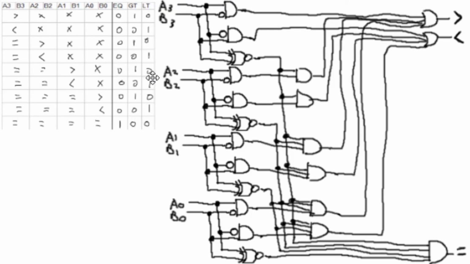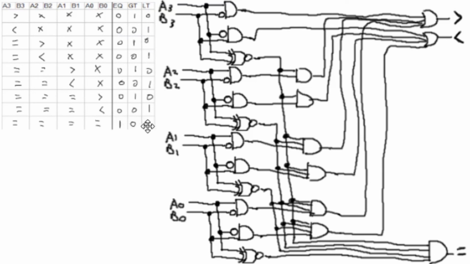The reason why they did that is actually, if you look at this truth table here, you'll notice that in all instances, one of the three outputs is always on. We're always going to have a greater than, or less than, or an equals signal. At least one of these signals is always going to be on. And what's more, at most one of these signals is ever on, because anytime a greater than signal is on, you're never going to get an equal or less than signal. Likewise, with less than, you're never going to get equal or greater.